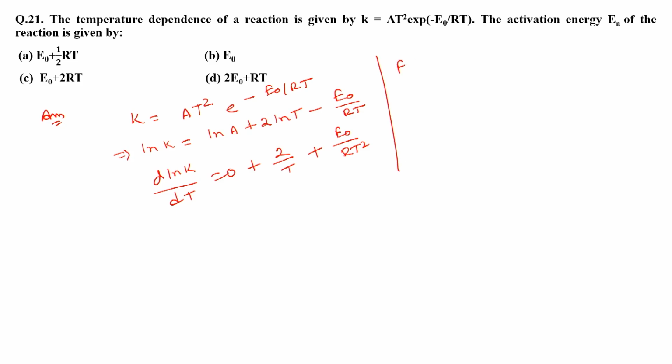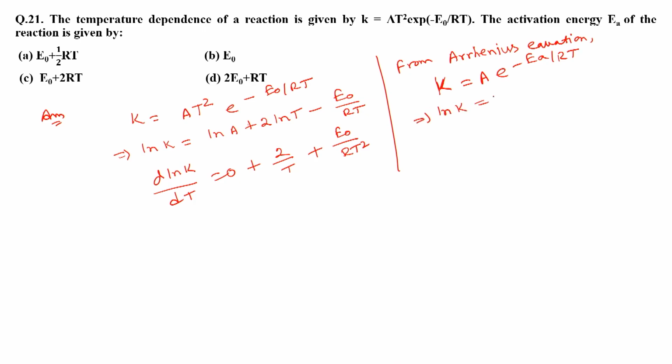Now, from the Arrhenius equation, we can write k is A e to the minus EA by RT. So, again we will take log of both sides.